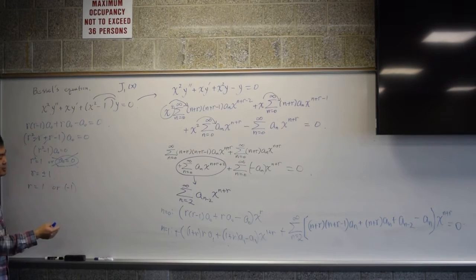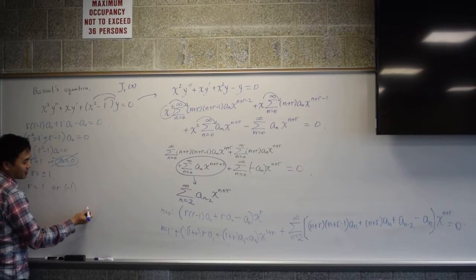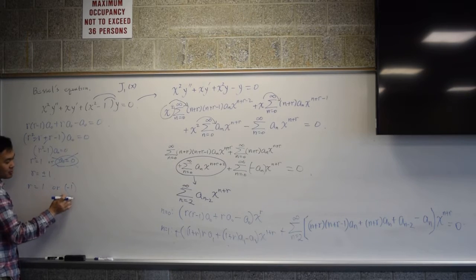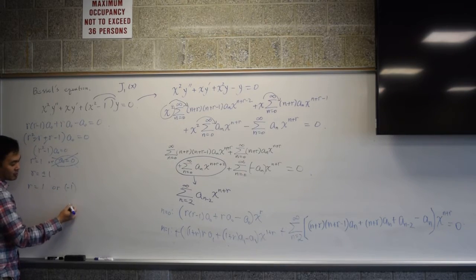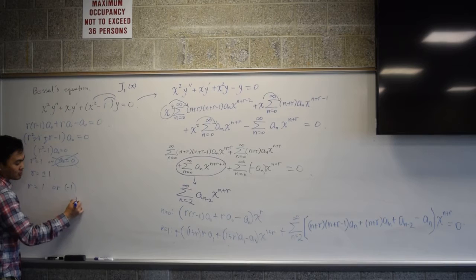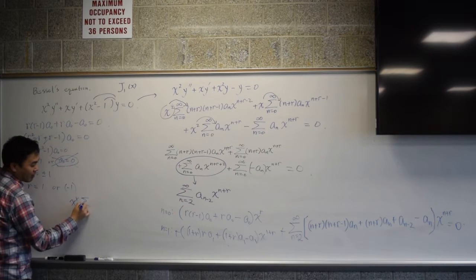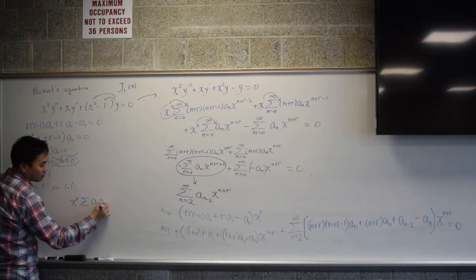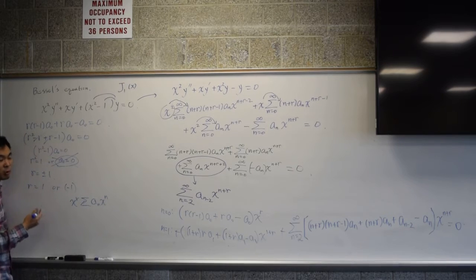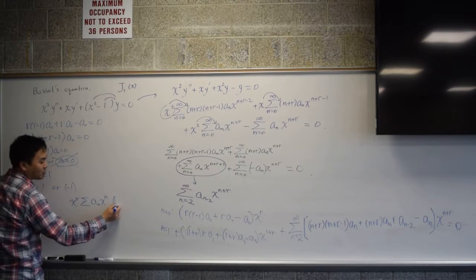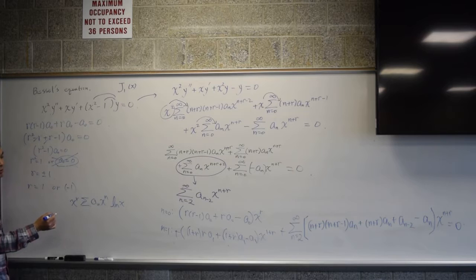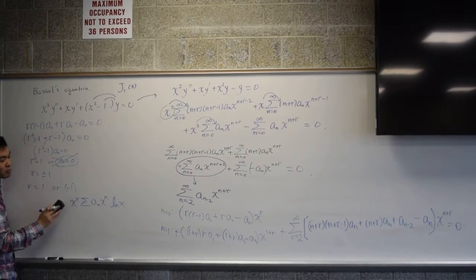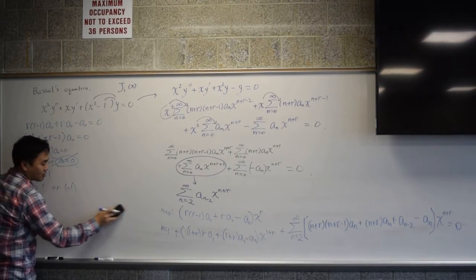If these are integer apart, then the Frobenius theorem says either it still does have a solution of this Frobenius form, or you may have to add a log of x. So that's the general theorem. We'll come back to this later.